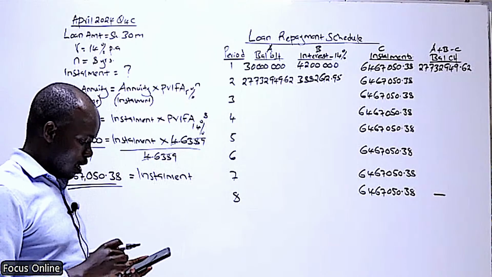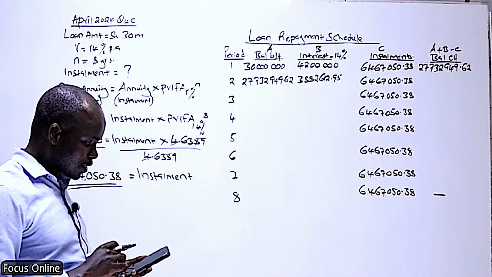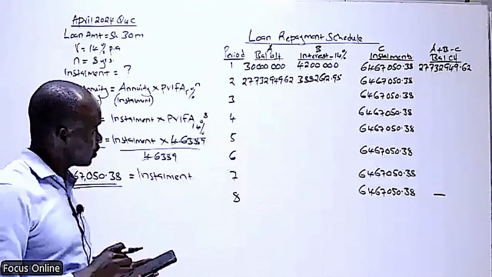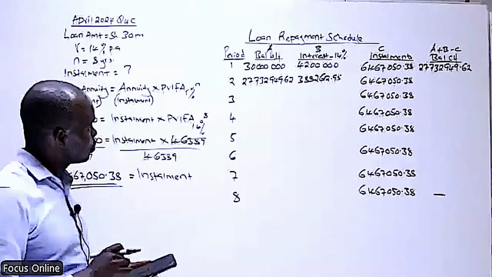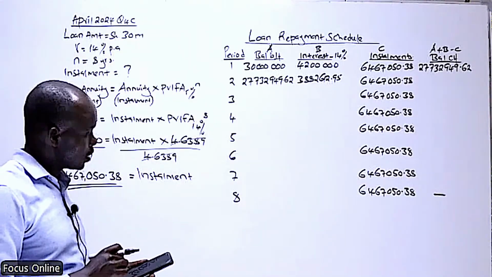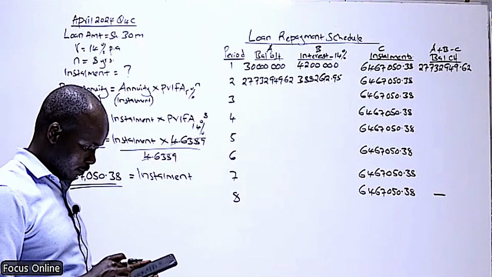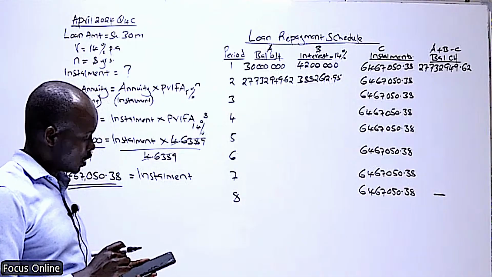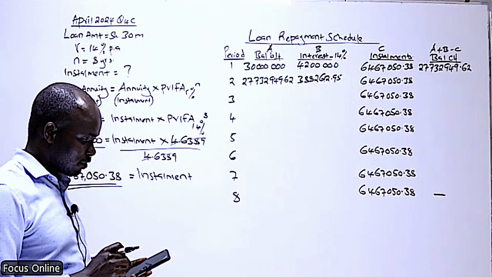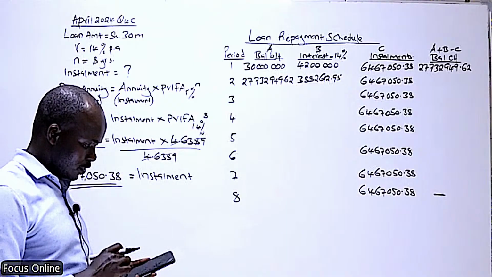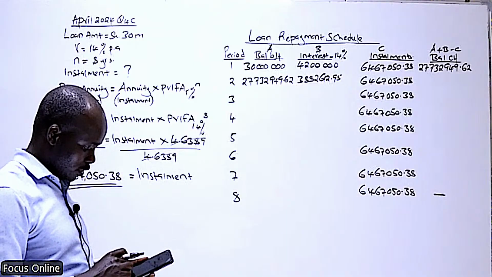Then plus the balance brought forward 27,732,949.62 minus our installment 6,467,050.38.